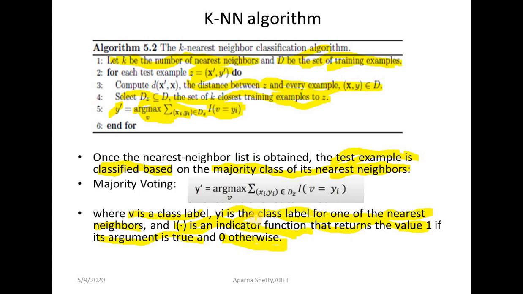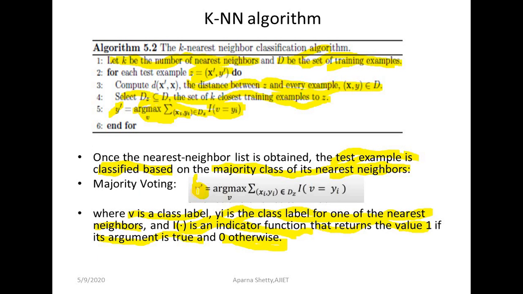So here argmax will find the maximum voting based on the class labels of the nearest neighbors. Which class label has the maximum voting? That class label it will select for y'.